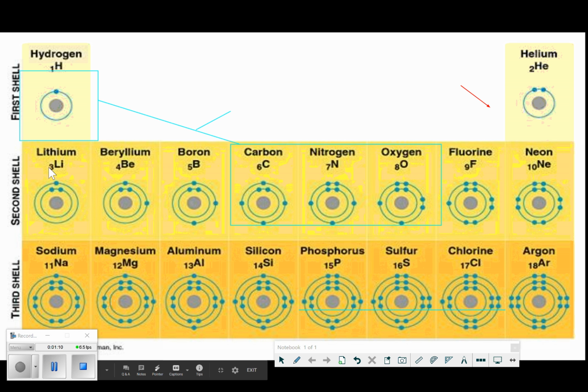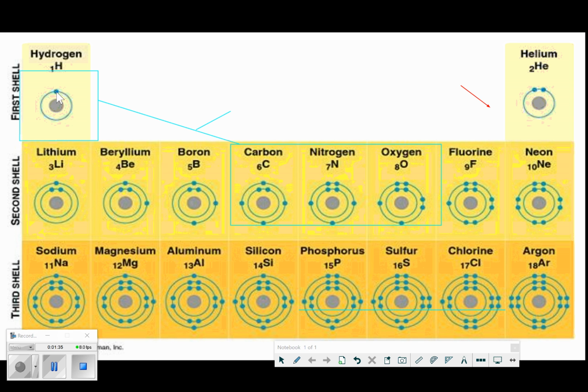See hydrogen right here. Hydrogen wants to look like helium. For hydrogen to look like helium, it is going to steal an electron. You see, it's only got one electron. It needs to have two electrons to have a full shell. So what it's going to do is steal an electron.